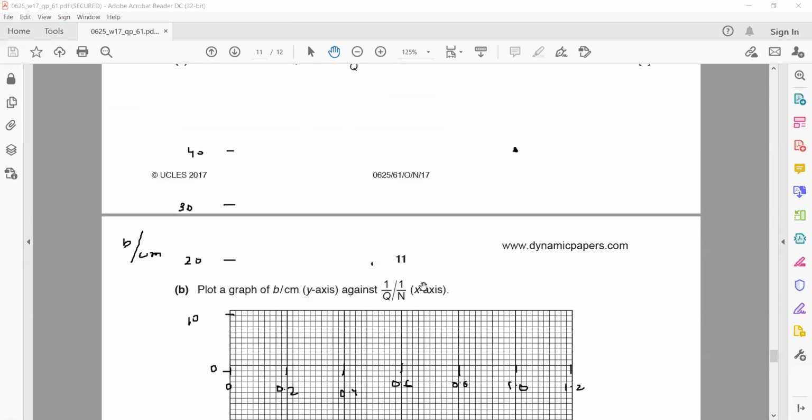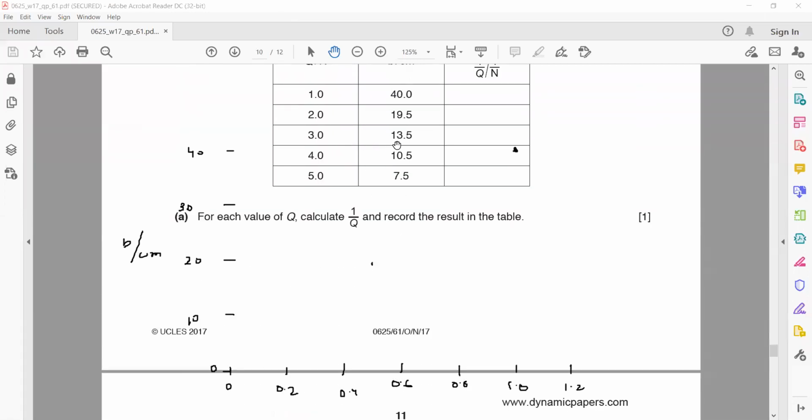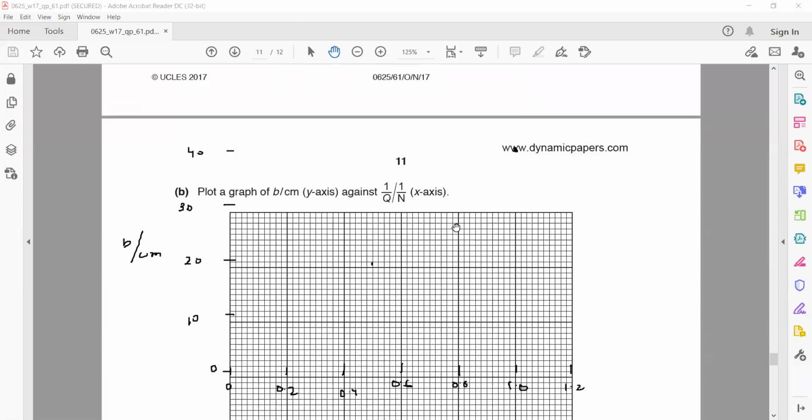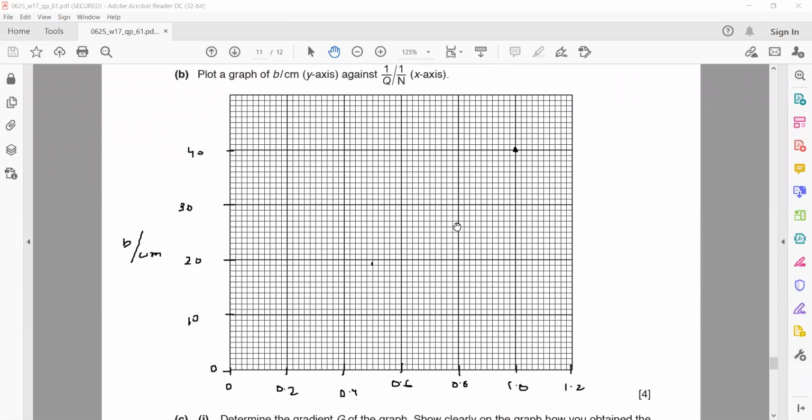Then 13.5 and 3. Not 3, because it is 1 over q, so 0.33. Each box on the x-axis is representing 0.02.